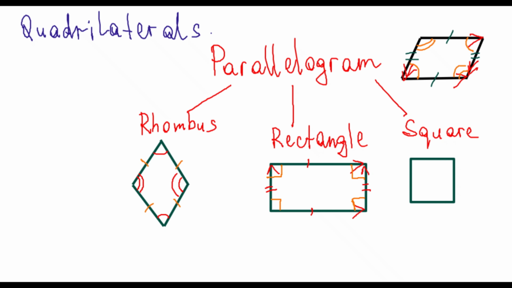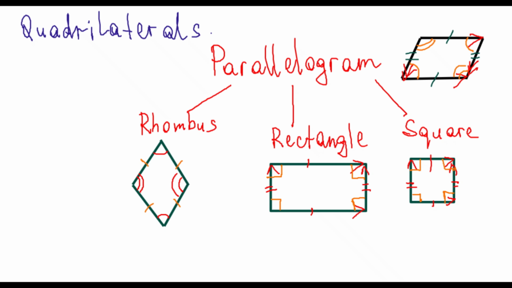The same properties as in rectangle, the same properties as in parallelogram, like opposite sides are same, they are parallel, and opposite angles are same, but this type is very special type of parallelogram where not just opposite but all sides are same, and where not just opposite but all angles are same and they are equal to 90 degrees.